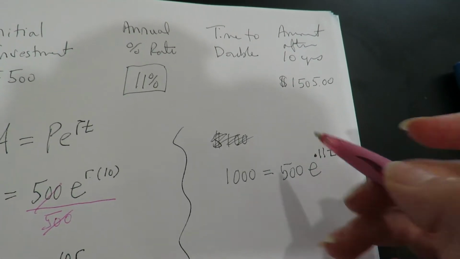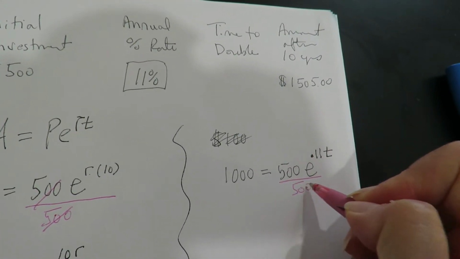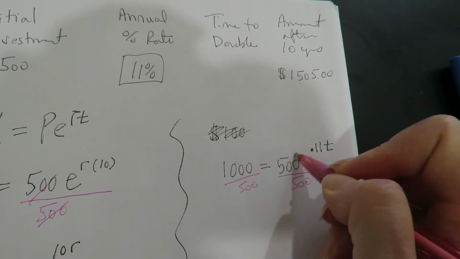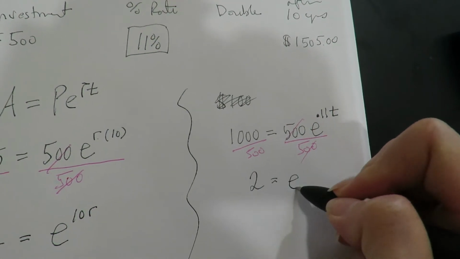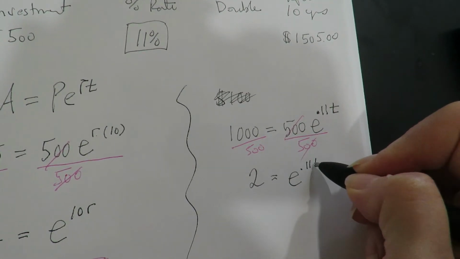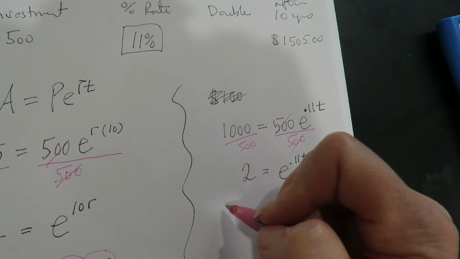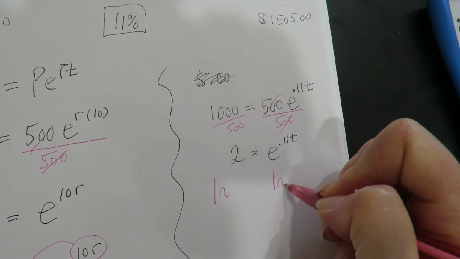All right, so let's solve this one. We're going to divide off the 500. We're going to take the ln of both sides.